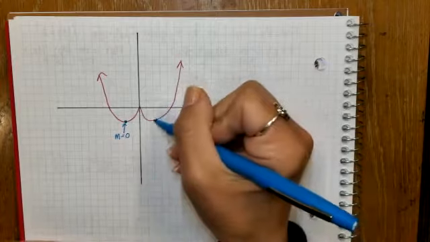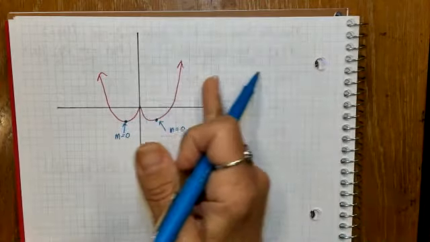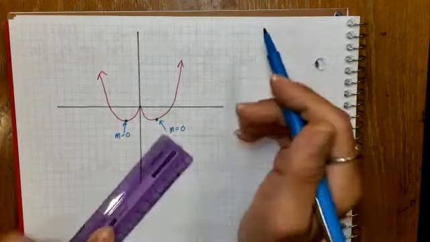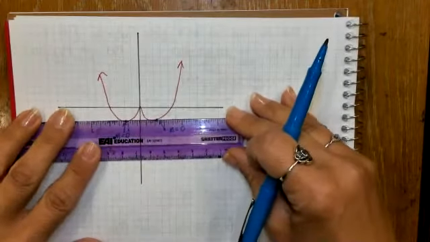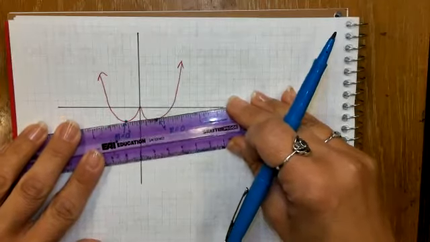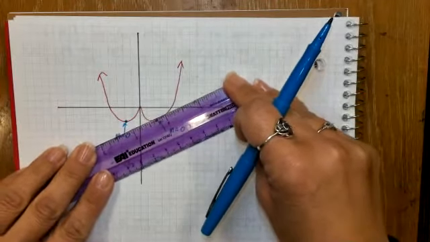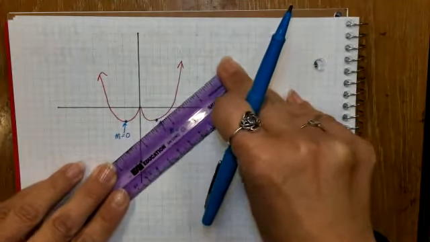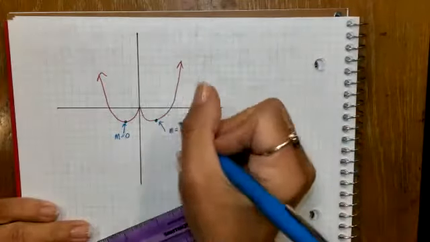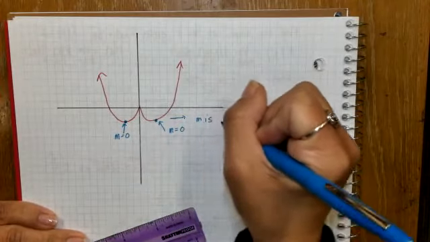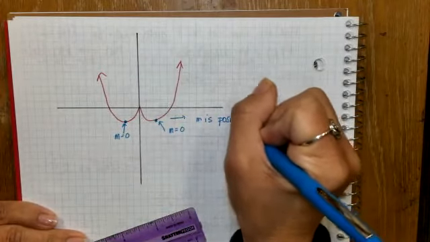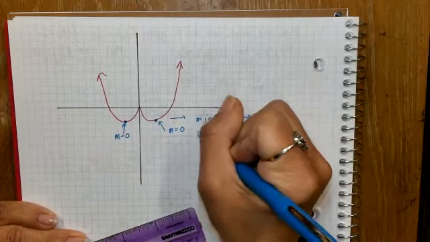From this point, for positive values of x past this point, I'm using my ruler to demonstrate the tangent. The tangent is positive, and it's getting steeper and steeper. So here on out, the slope is positive and increasing.